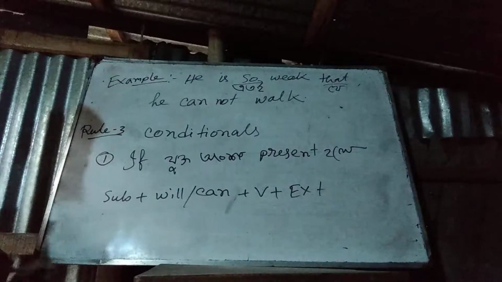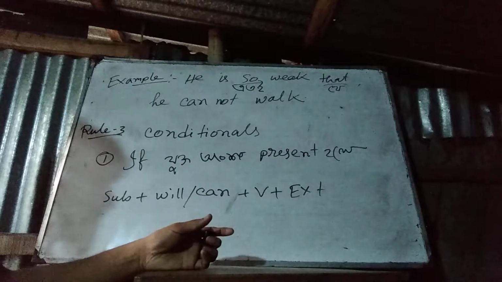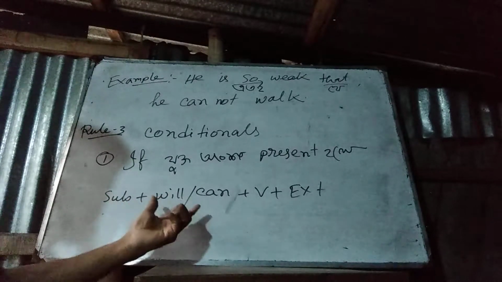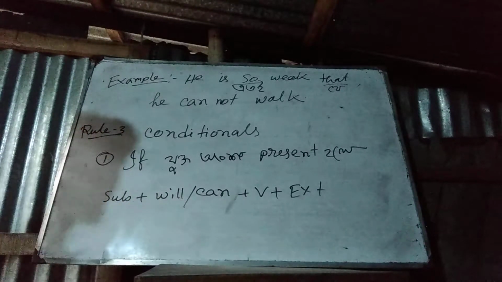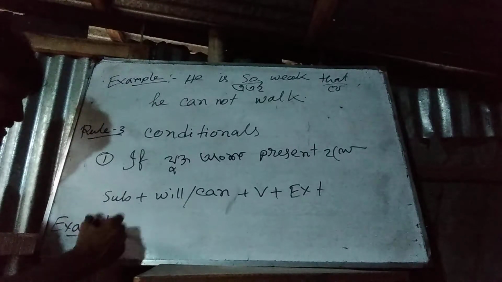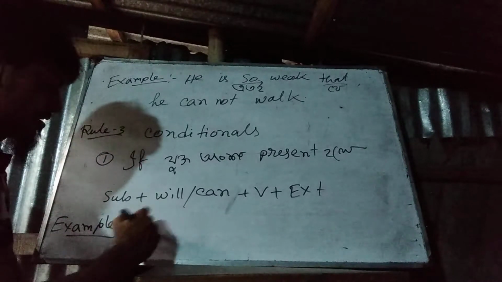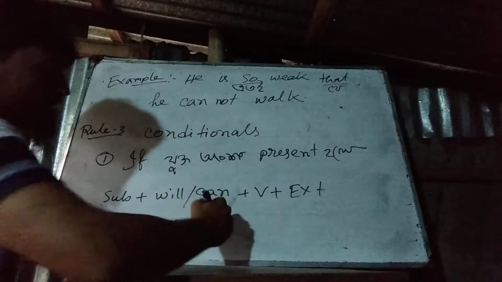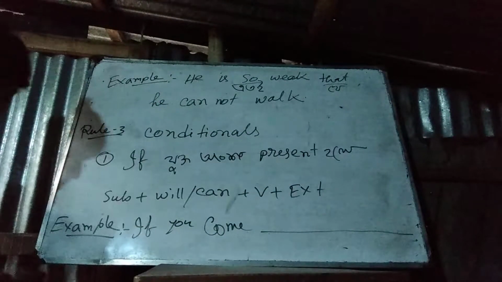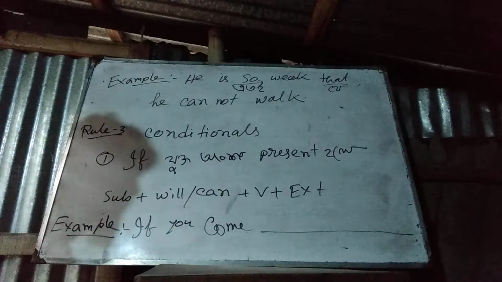First condition, if the if-part is in present form, you have to complete the sentence with this structure: subject plus will or can plus verb plus extension. So example, if you come, then there is a gap and you have to complete the rest of the part.